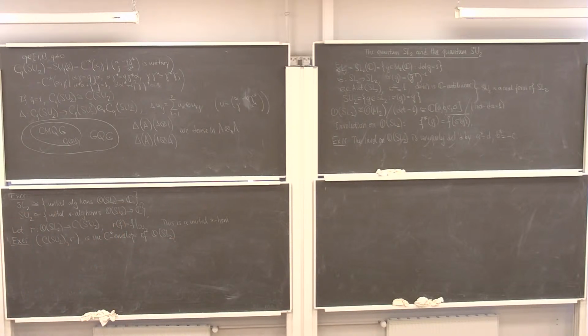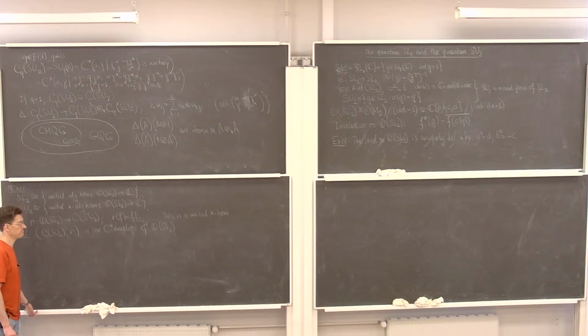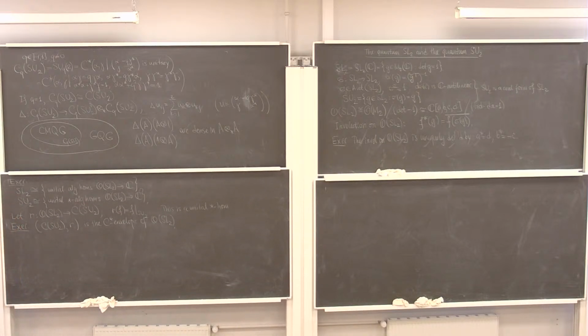So in summary, if we wish to construct the algebra of continuous functions on SU2 from the algebra of regular functions on SL2, we need two steps. First, we define an involution on this algebra, and then we take the C-star envelope. And this can be used as a tool in the quantum case as well.